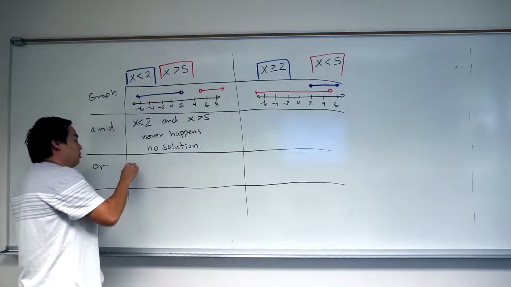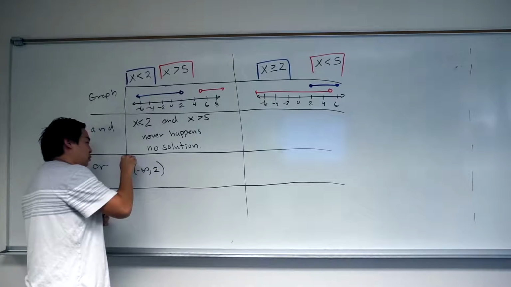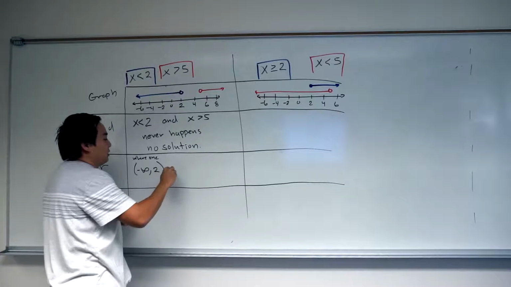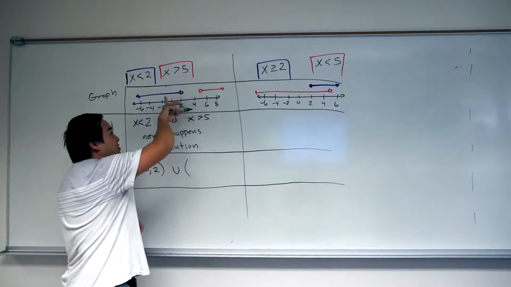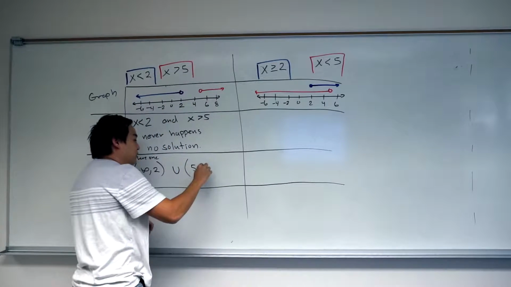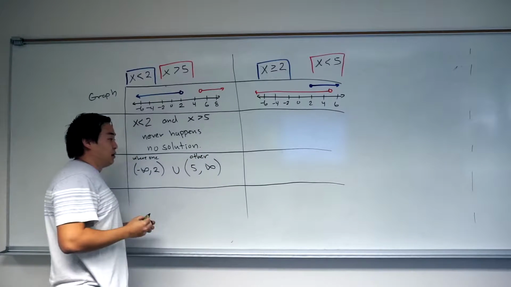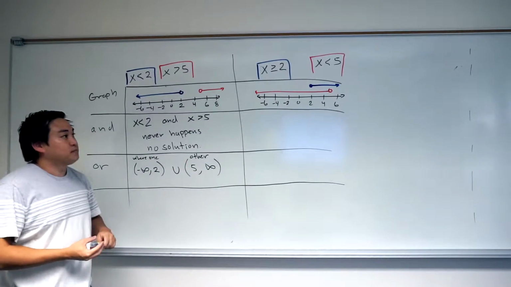So this interval, negative infinity to 2, is where one happens. We always connect our intervals with a union. And then it starts again, reading from left to right, at 5 and goes up to infinity. And this one is the other. So that's where one or the other happens.